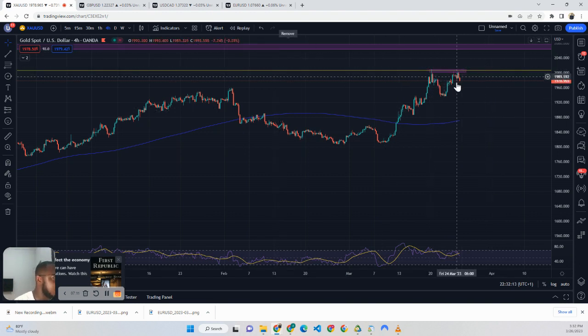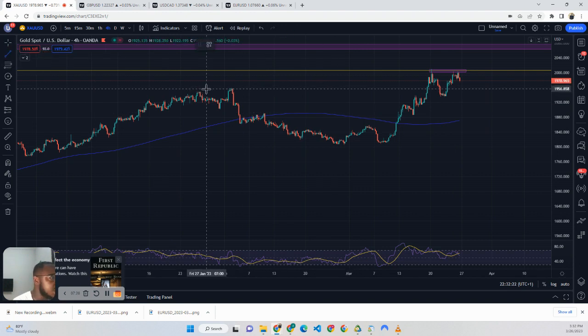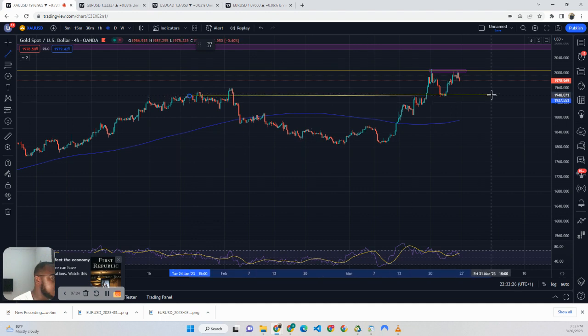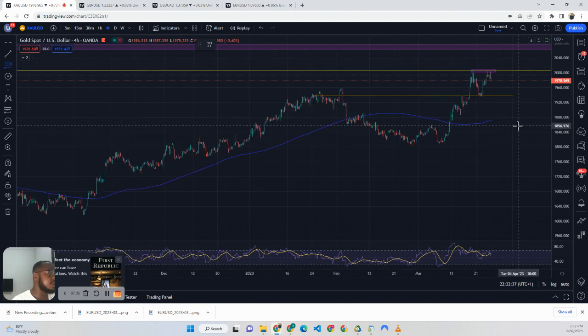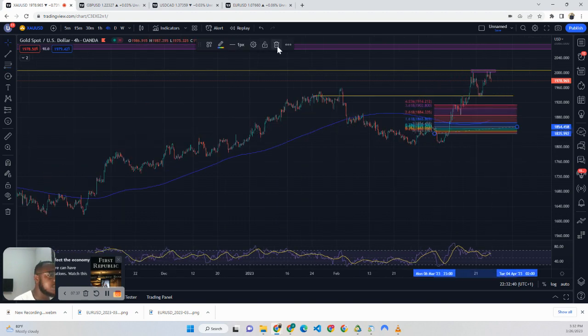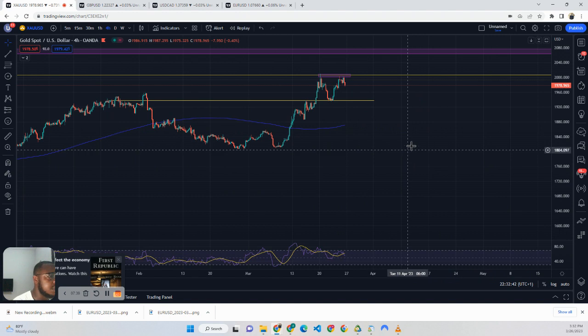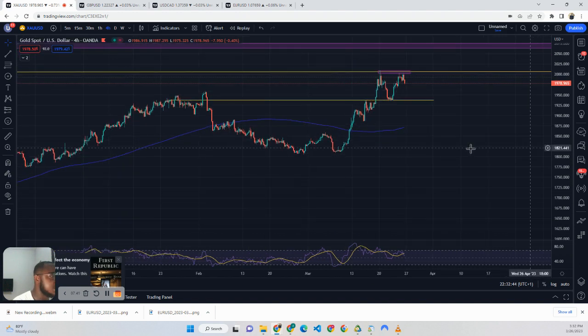So there is an equal high here, and the two highs have been confirmed, and we are expecting the market to drop this very week when the London session is open. So we use the Asian session to confirm what will happen, and then we make our entry. That is it for gold this week.